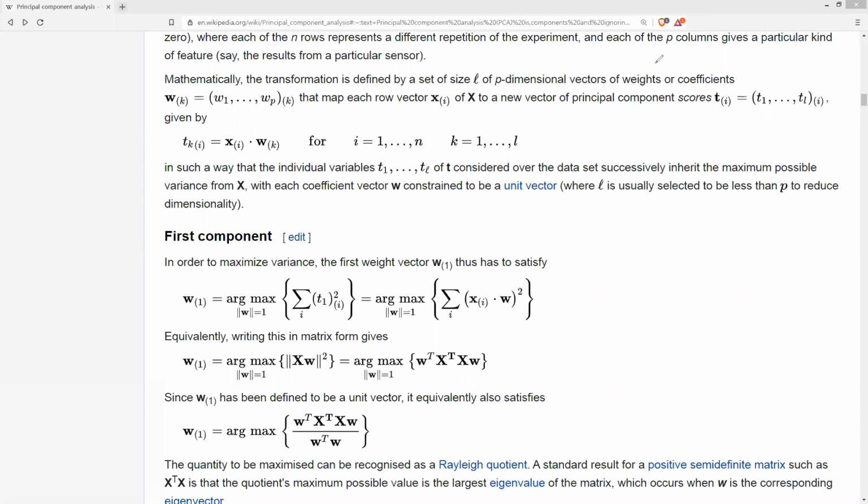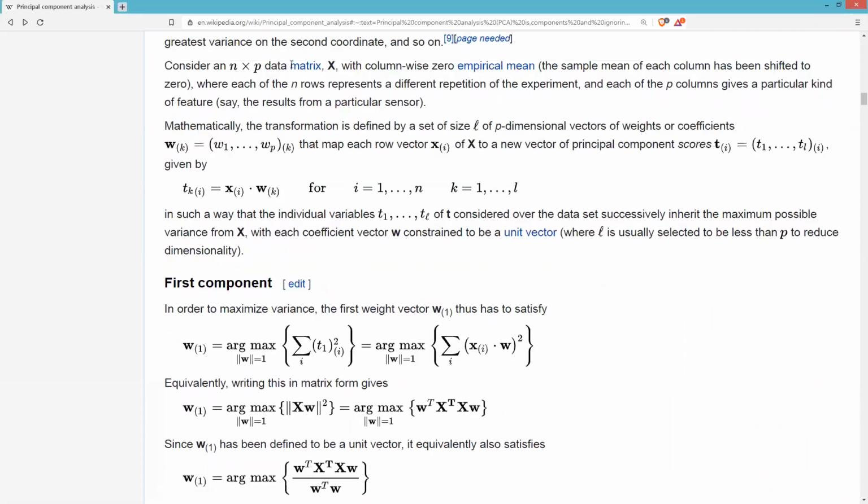So let me say again. Mathematically, the transformation is defined by a set of size L of p-dimensional vectors of weights or coefficients, W1 to WK, and each has length K, that maps each row x_i of X to a new vector of principal component scores, as I explained, given by this.